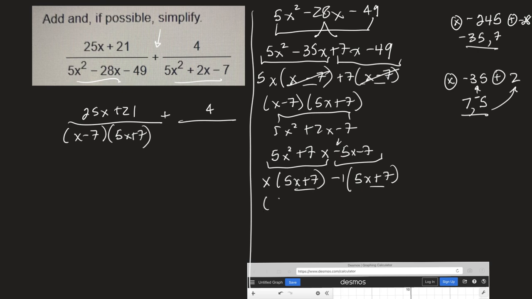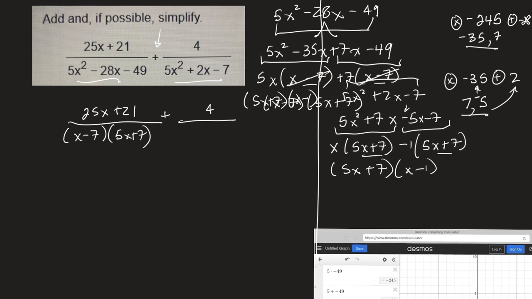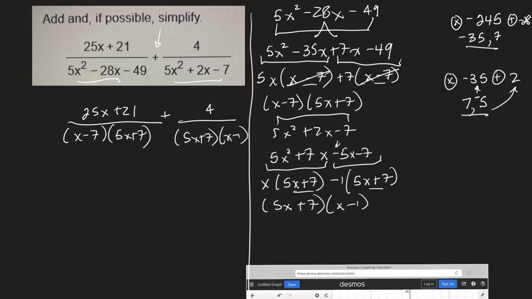Same, so I can factor that out. 5x plus 7, I'm left with x minus 1. Whew. Okay, let me write that down. So 5x plus 7 and an x minus 1. Now if you get to that point on a question, I'm giving you points for that.